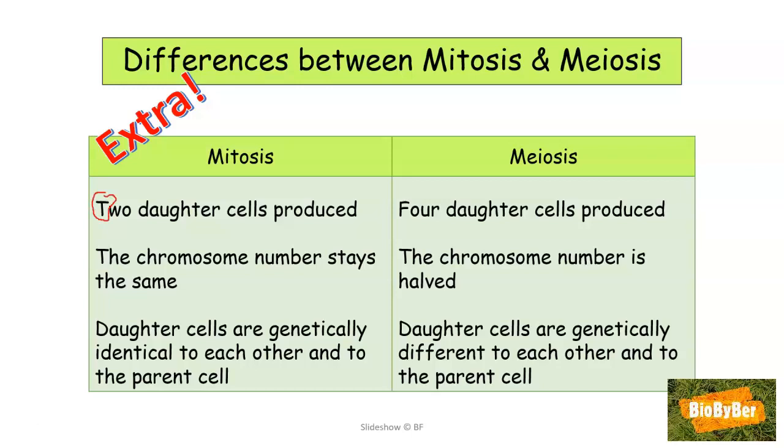T for 2 here, and mitosis is spelled with a T. So two daughter cells are produced. In meiosis, 4 daughter cells are produced. The chromosome number stays the same in mitosis, whereas in meiosis, the chromosome number is halved.